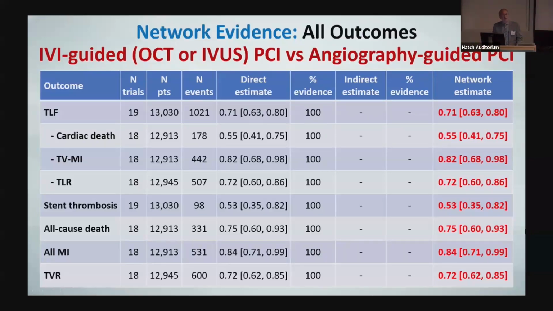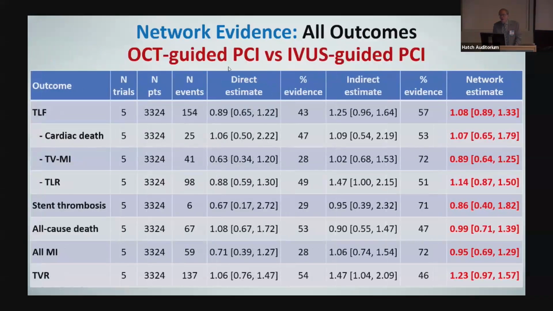And for the first time, we've been able to show a reduction in all-cause death and all myocardial infarctions just by using intravascular imaging compared to using angiography-guided PCI to optimize PCI outcomes. When we compare OCT-guided PCI to IVUS-guided PCI, they're overall very similar. No significant differences in outcomes with either of those two techniques.